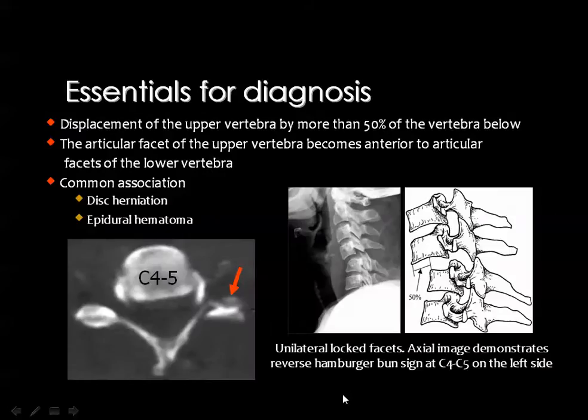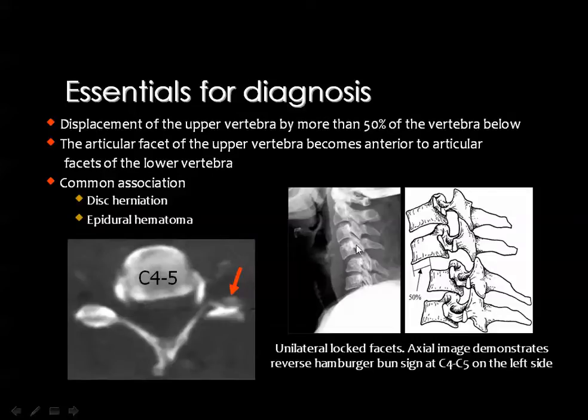Then in the plain X-ray, you can appreciate this appearance of facet locking. This is the diagram showing the normal relation between the superior facet and the inferior facet. The superior facet should be posterior to the inferior one, but this is an abnormal relation because the superior facet now is anterior to the inferior facet, and this is what we call facet locking, which is clearly demonstrated here.